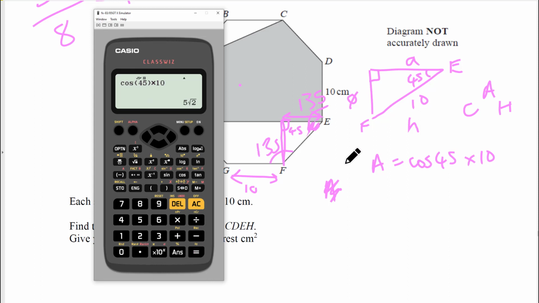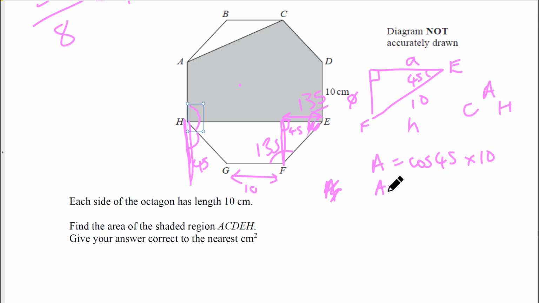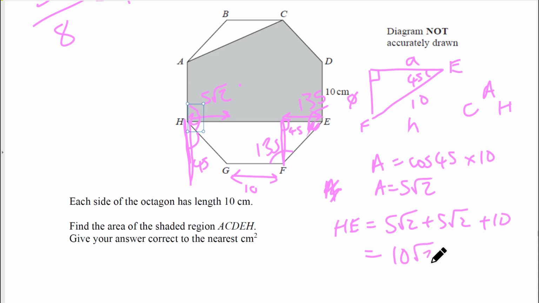That's 5 root 2. So hopefully you can see here to here is 5 root 2, and that side must be 5 root 2, add the 10. So H to E must equal 5 root 2, add 5 root 2, add 10, which is 10 root 2, add 10.